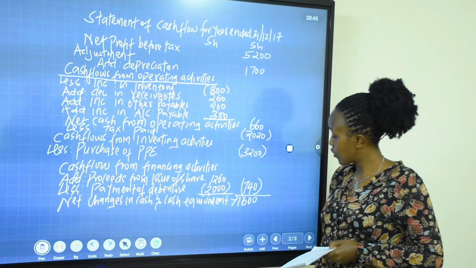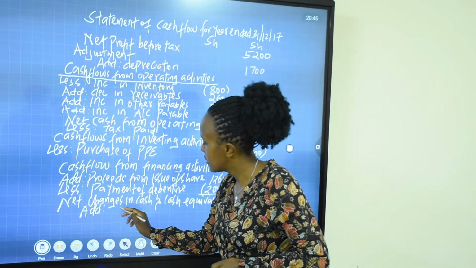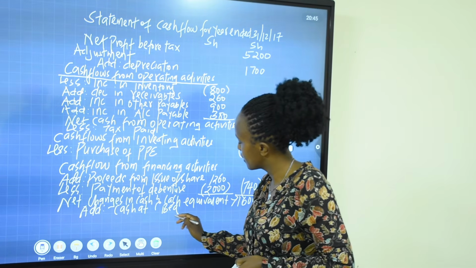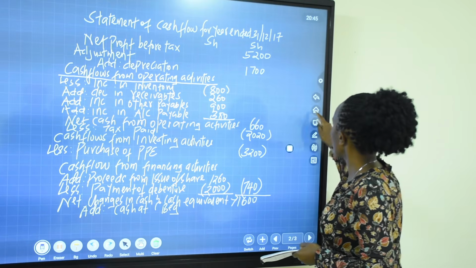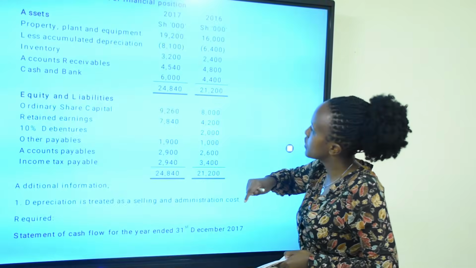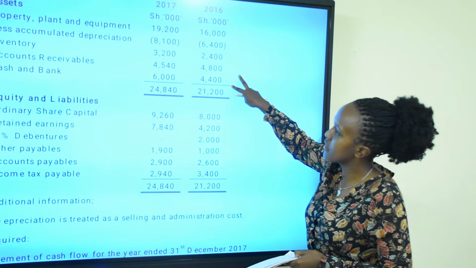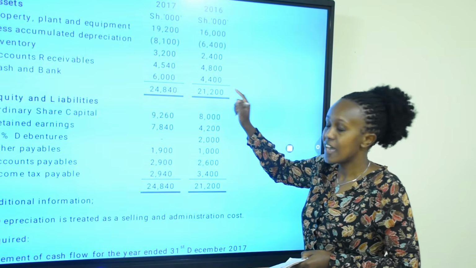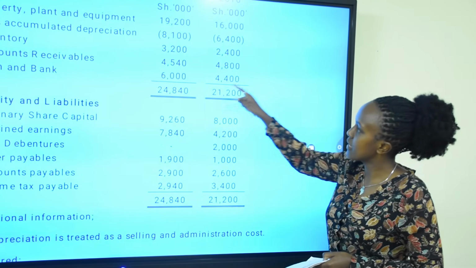At that point, we are going to add the cash at the beginning of the year 2017. The cash at the beginning of the year 2017 is given here. It is 4,400. And the cash at the end of the year, which should be our answer, is also given there as 6,000.